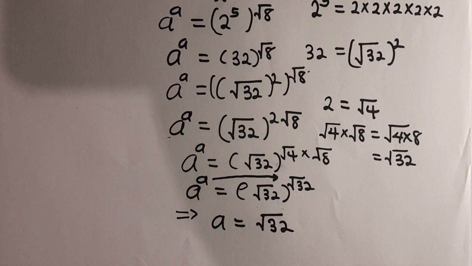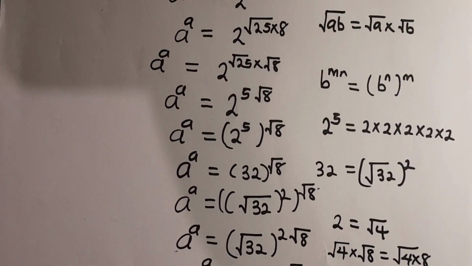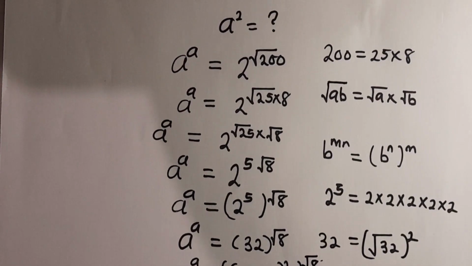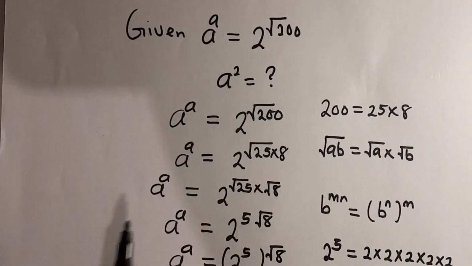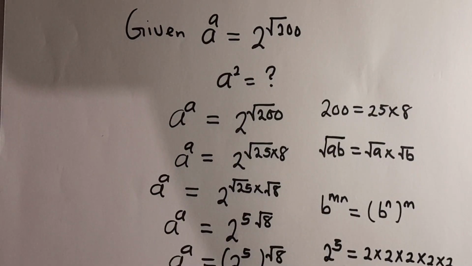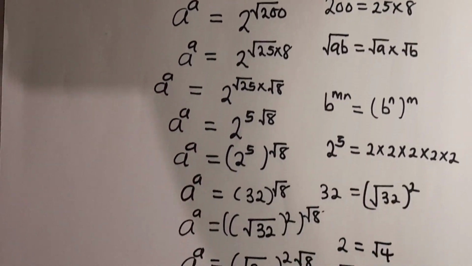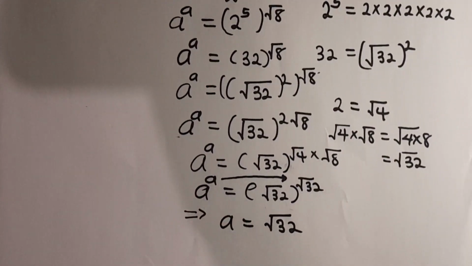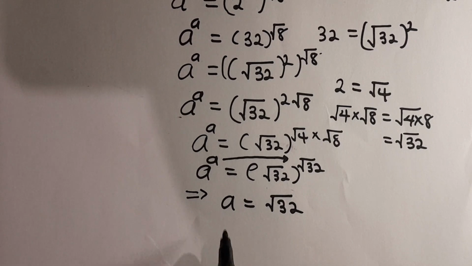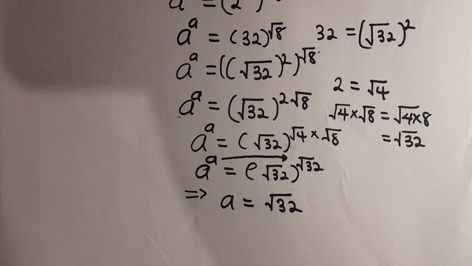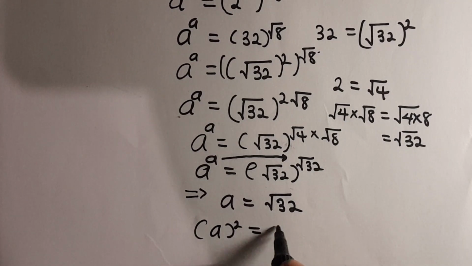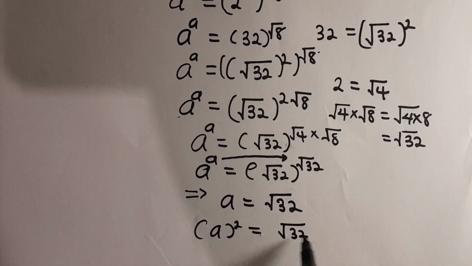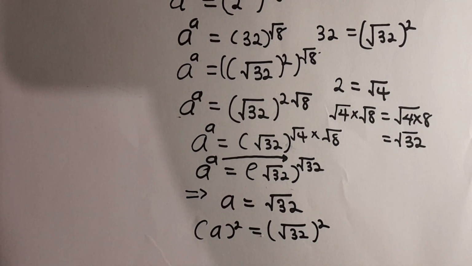Now, but the question says that given this expression we should find a square, we want to find the value of a square. Now, by squaring both sides, we are going to have a raised to power 2 equals square root of 32 raised to power 2.